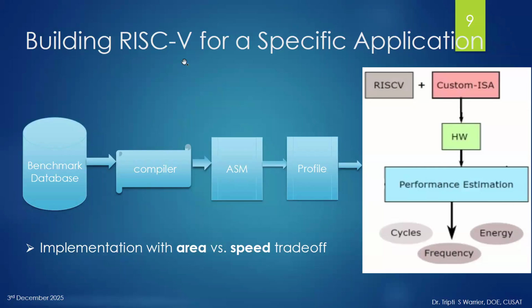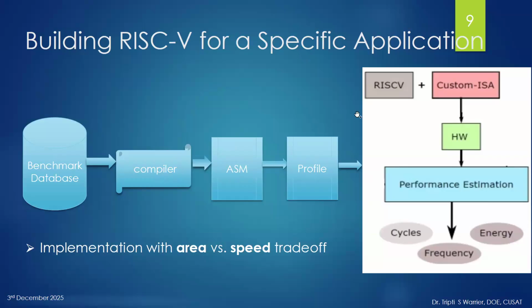So generally, you can do something like this. That is, you have a benchmark. By benchmark, I'm talking about an application for a specific domain, and if I am targeting a processor design for that specific domain, a simple thing that we can do to know which extension to use is to compile that application and generate an assembly program, and then profile it, and then identify which instructions are used.